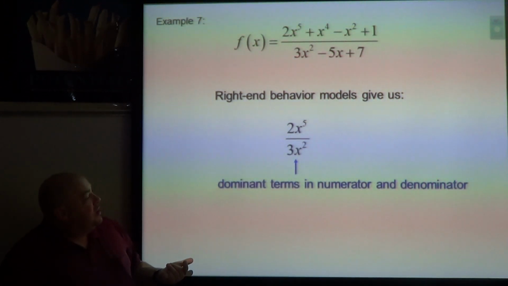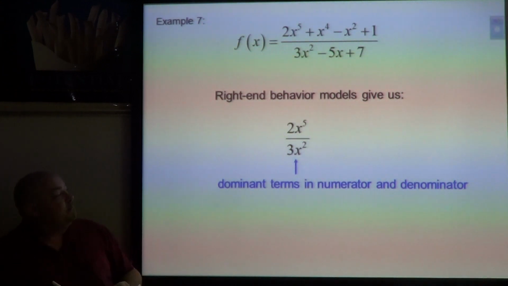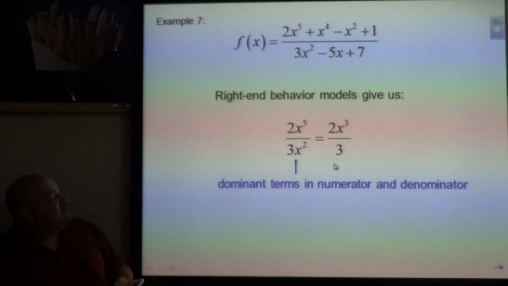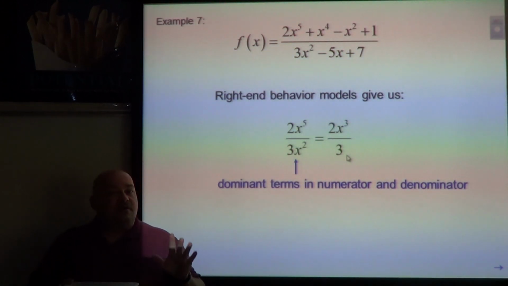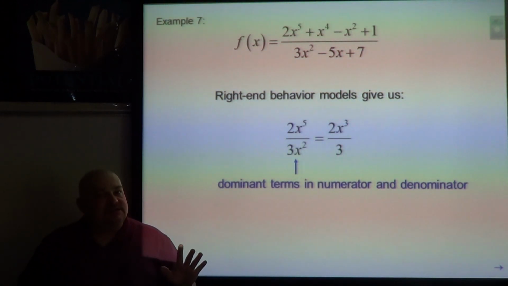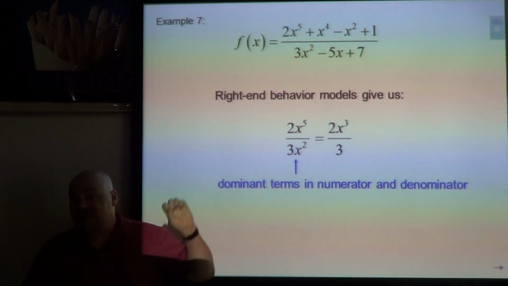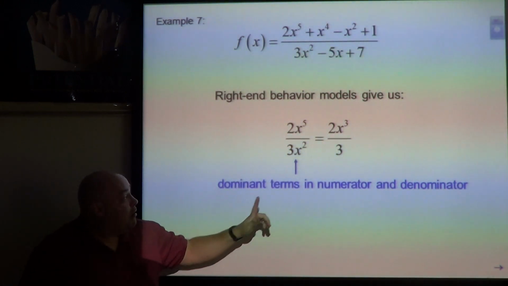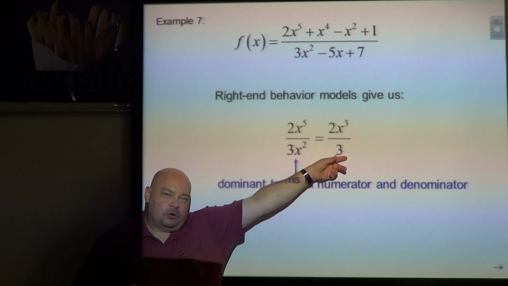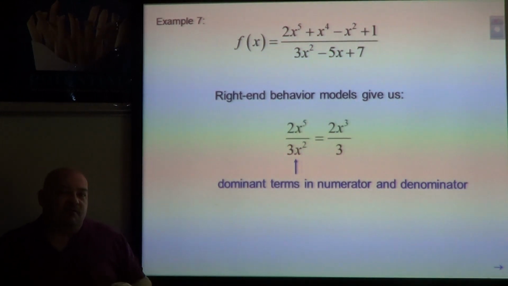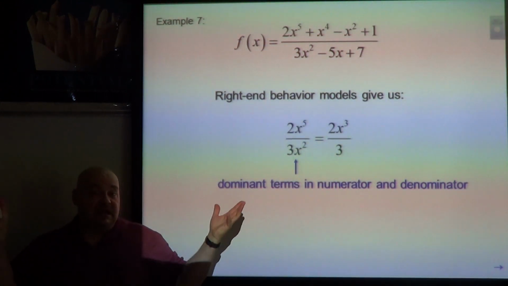What we end up doing is simplifying it, and in this case we get 2x cubed over 3. Before, when we were talking about horizontal asymptotes, this would tell us that a horizontal asymptote does not exist, because as x gets larger and larger, 2x cubed over 3 is going to grow and be huge.